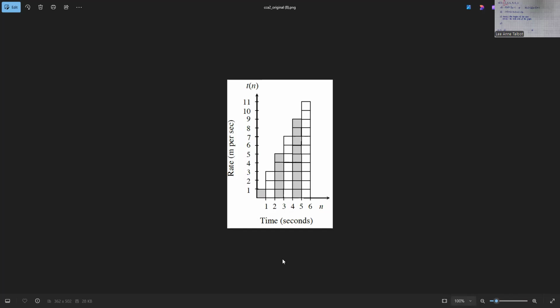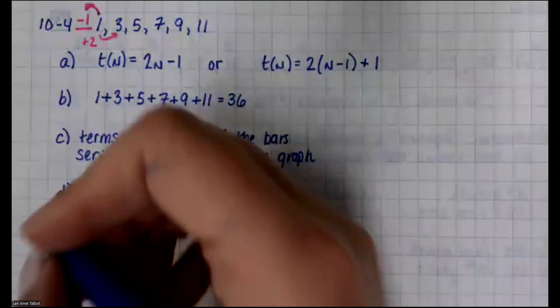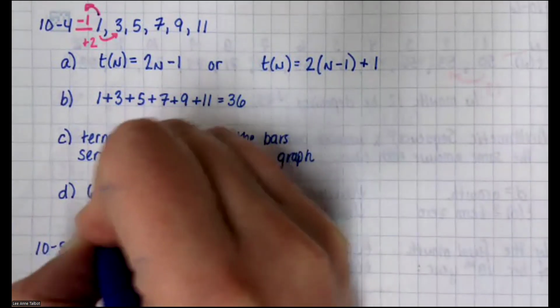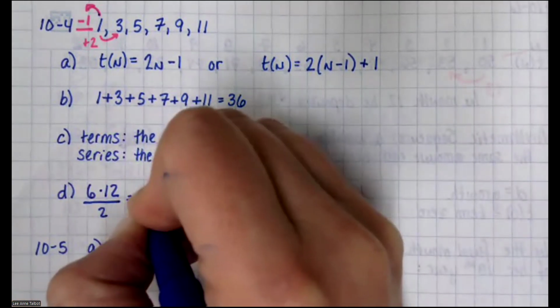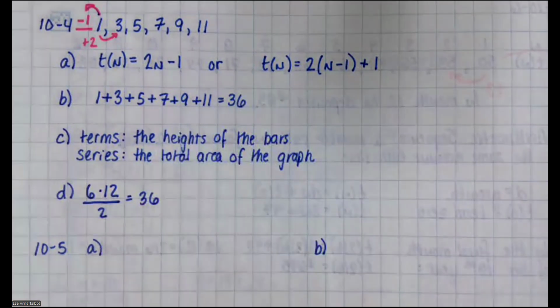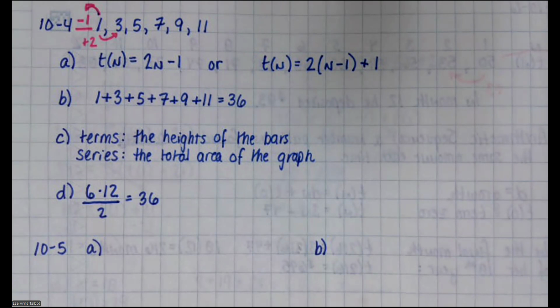Right, 6 times 12, and then divide it by 2 because you have 2 diagrams. Proving to you that Gauss's formula works on a very easy diagram.